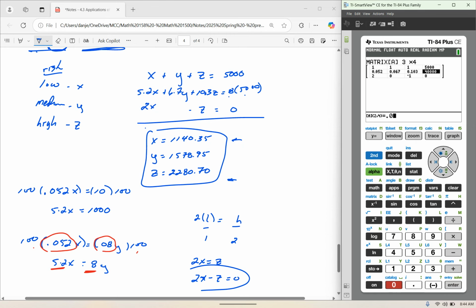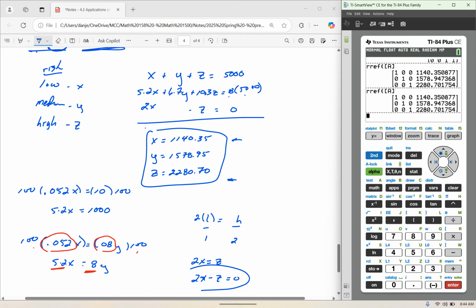But that means you earned 0.08, 8%, 0.08 interest on the $5,000. Quit. You'll get the same result. Okay, mathematically it does not matter.